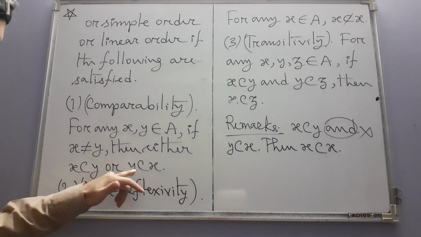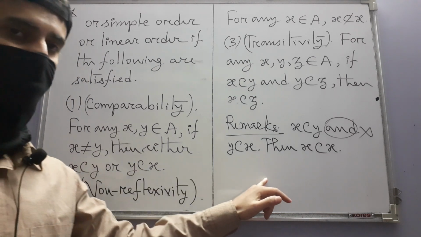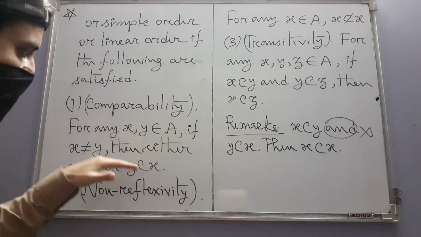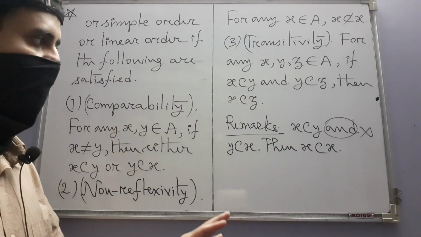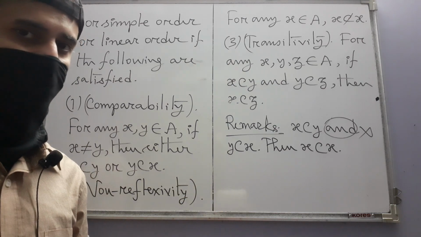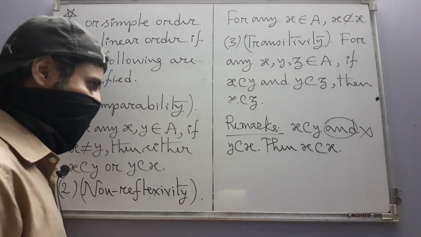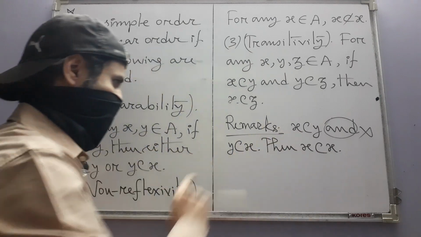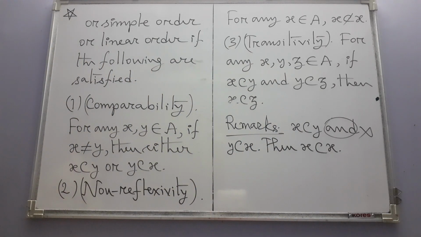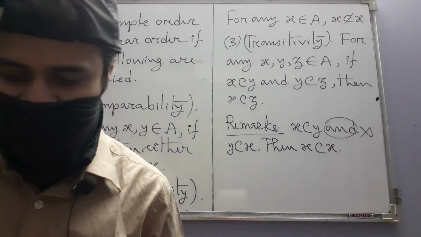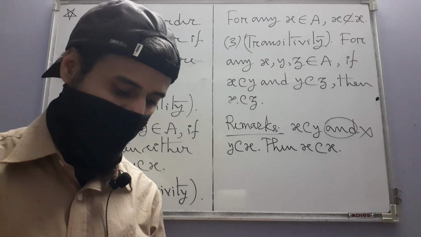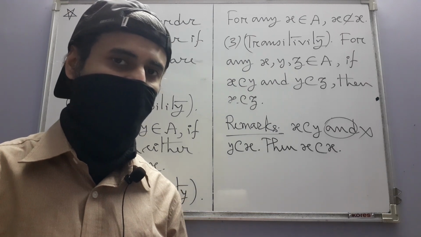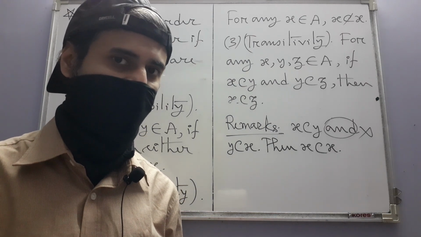Although here we don't really know whether they can simultaneously be true, but now combining these three conditions, we see that something goes wrong. So actually they cannot be true. When you consider two distinct elements, exactly one of these things has to be true and the other will be false. Okay. So that's our linear order, or more commonly known as strict linear order.